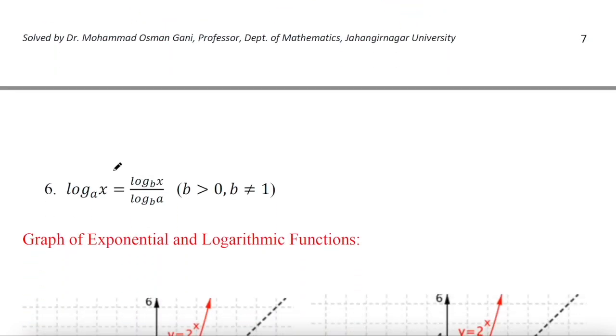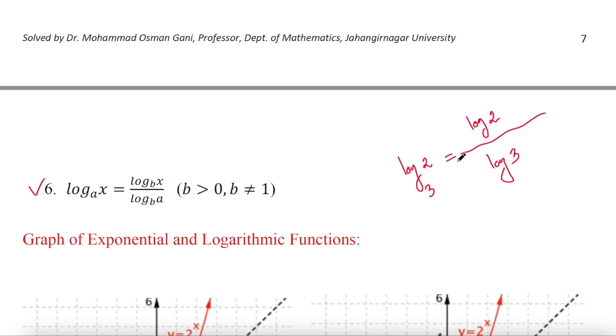And formula 6 is called the change base formula. By using this formula, you can change the base of a logarithm. For example, let's say you have a logarithm having base 3, log 2 base 3. Now you need a logarithm having base 5. So you can write this as a fraction of two logarithms, log 2 over log 3.